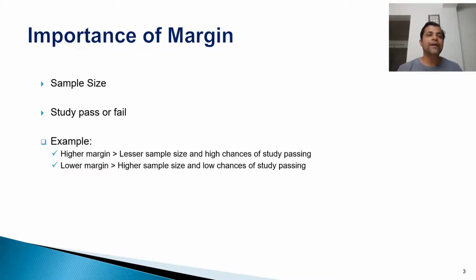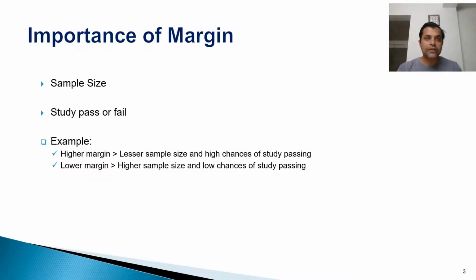Sample size will be unnecessarily higher and chances of study pass will be lesser, even if the drug is good. So that means whenever we take a margin very arbitrarily, there is a risk. So that's why it is very important we take margin exactly what is required.